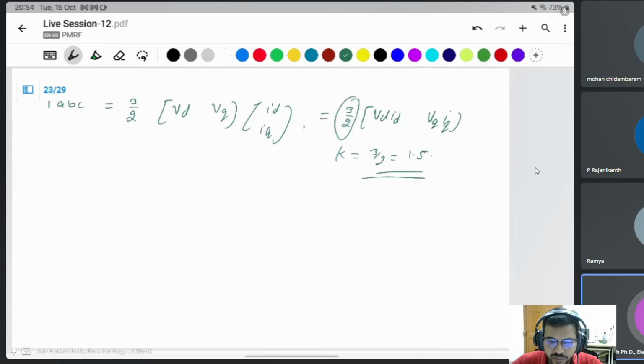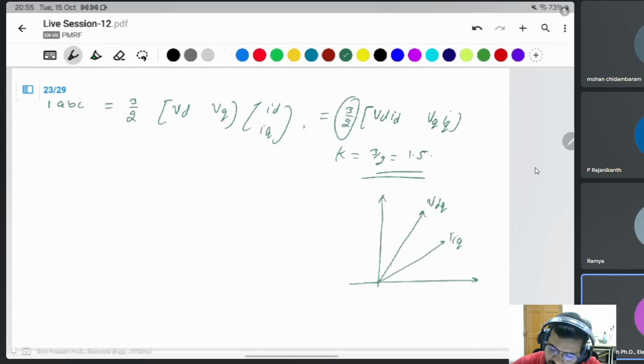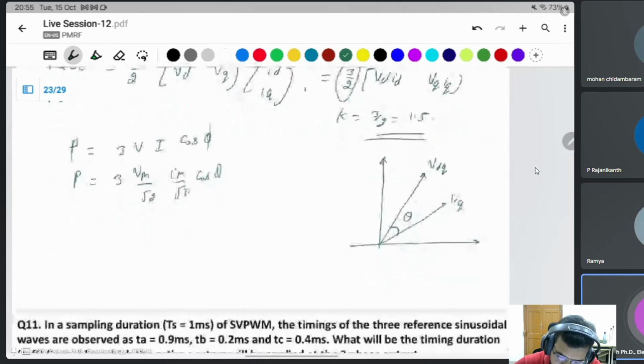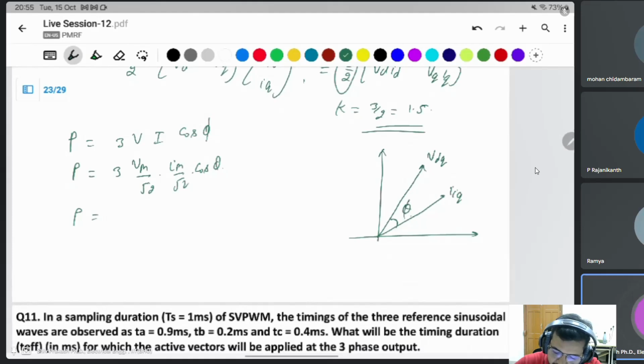This is too long. If you want to calculate the same thing, just write VDQ, IQ, with the angle difference between them being theta. And for power, you know about 3 phase power, 3 VI cos phi. If you want to take the peak value, then VM divided by root 2 times IM divided by root 2 into cos phi, or cos theta between I and V. Then it is 3 by 2 magnitude of VM voltage and magnitude of IDQ.